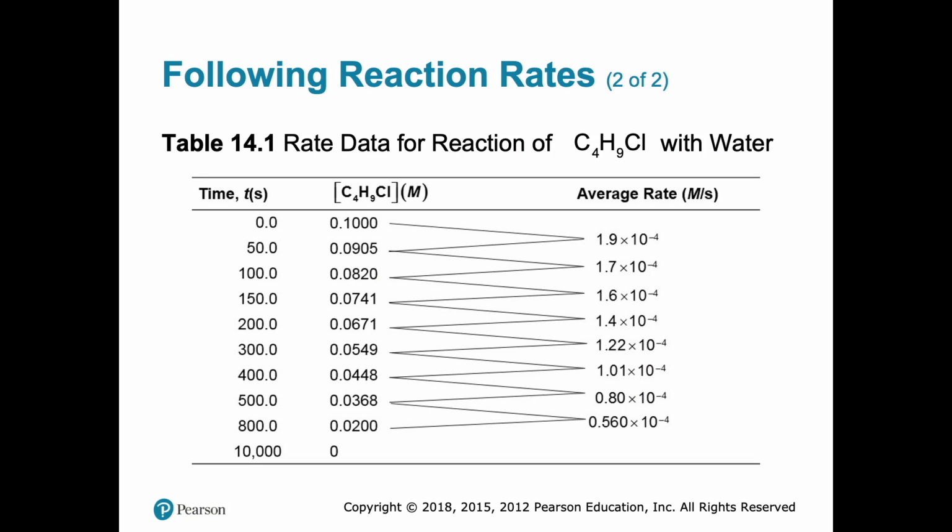On the previous slide, here's time 0, and look what the rate was. It's exactly what we calculated, 1.9 times 10 to the negative 4 molar per second. Never forget the units. So that's how we do that.